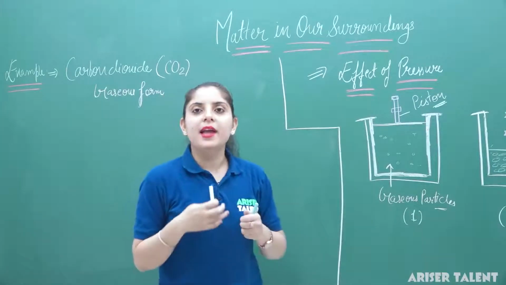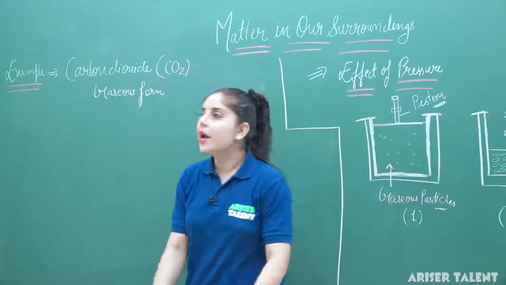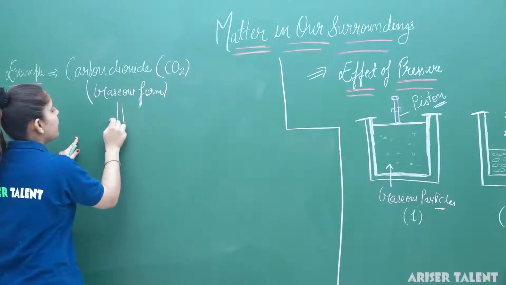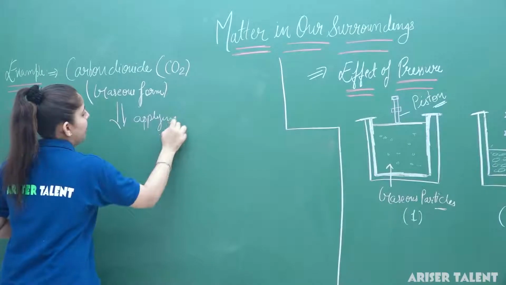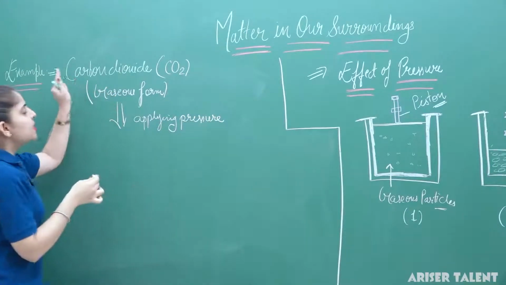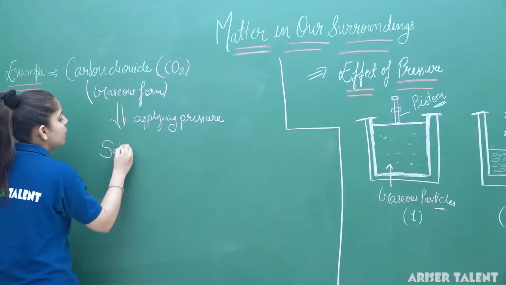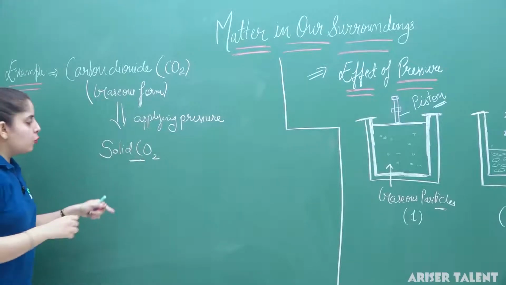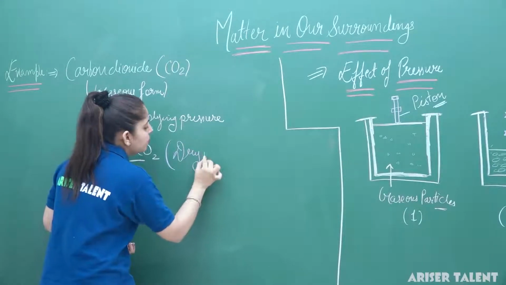Now what we are doing is applying a pressure that is 70 to 80 times greater than the atmospheric pressure. If we apply pressure on this gaseous form, this gaseous carbon dioxide will convert into solid CO2, and solid CO2 is nothing but what is called dry ice.